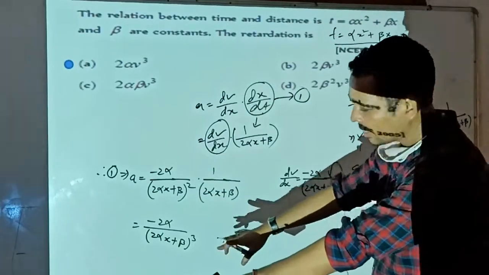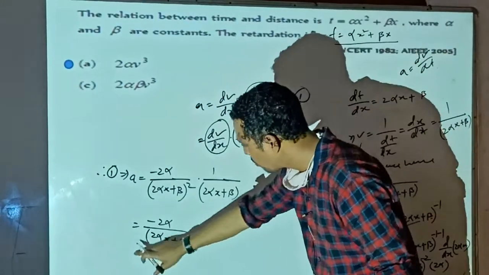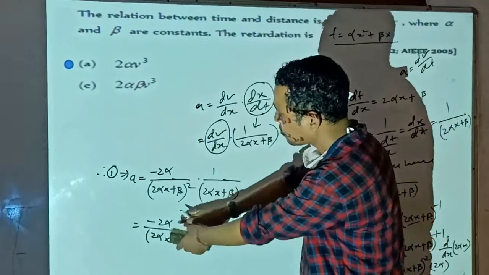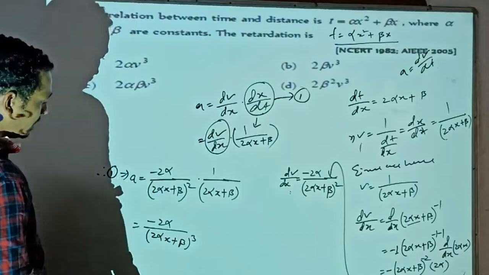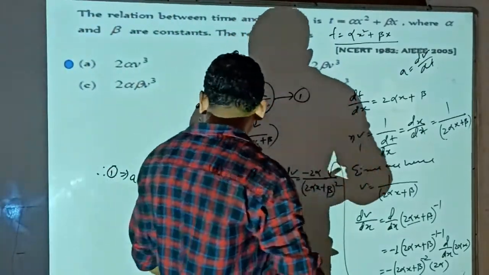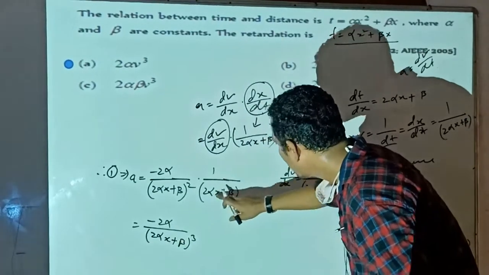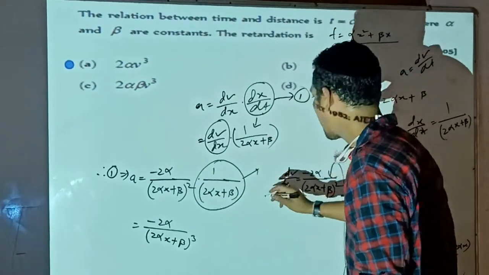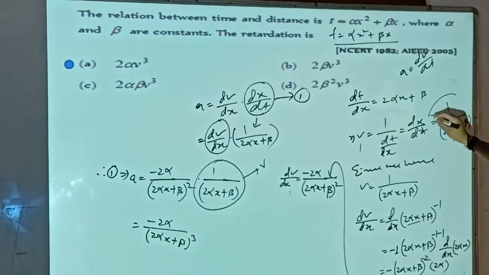Now the option, the answer, may come here. First your job is to find out whether the option has been given in the options or not. If it is not given, you have to just modify this answer again. So the answer is minus twice alpha divided by (2 alpha x plus beta) whole cube. Again using a trick, the value of 1 by 2 alpha x plus beta, since v is given, you can find v is equal to 1 by 2 alpha x plus beta.